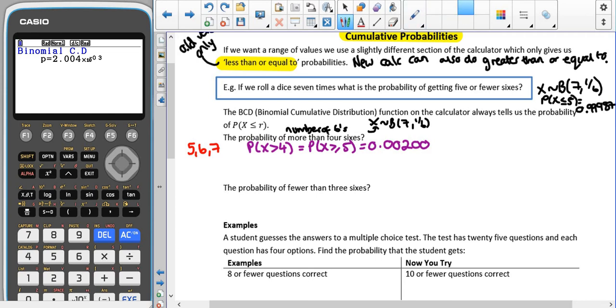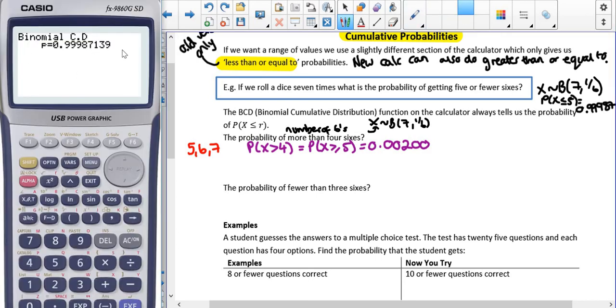Now, if we are using the old version of the calculator, this version here, then instead of changing it to greater than or equal to 5, if we're looking at the probability that x is more than 4 using the old calculator, we can only use less than or equal to's.